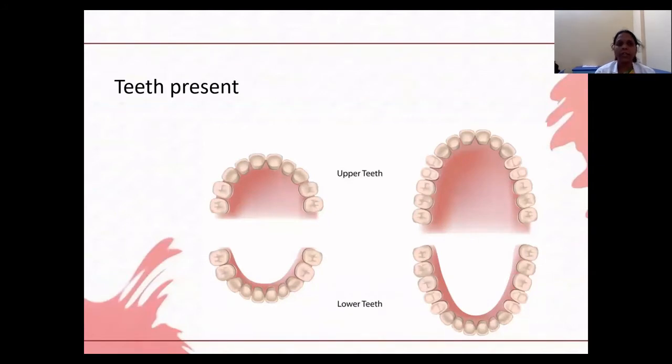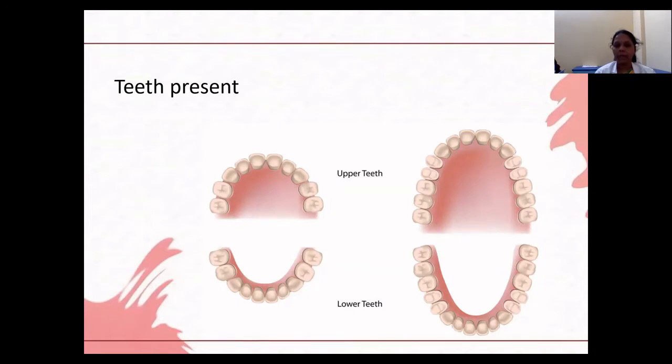See here in the picture, for primary dentition there will be 20 teeth present, but for permanent dentition there will be 32 teeth. The names of the teeth, in the above picture: the first two teeth nearer to the midline are the central incisors, and behind them are the lateral incisors, and next the canines, and molars will be present.